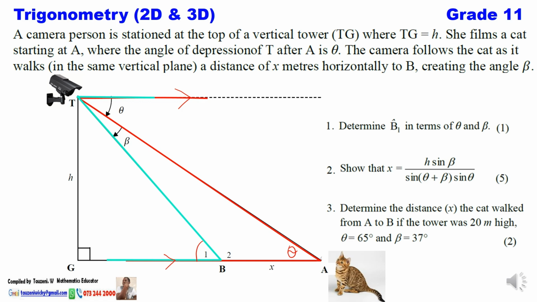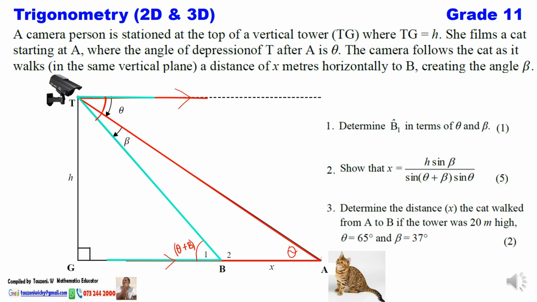We notice that the alternate angle to B1 is the entire angle combining theta and beta together. So that means the value of B1 is equal to theta plus beta, because those angles are alternate angles. So the idea here is that the angle of depression and the angle of elevation are alternate angles, therefore they are equal to each other.